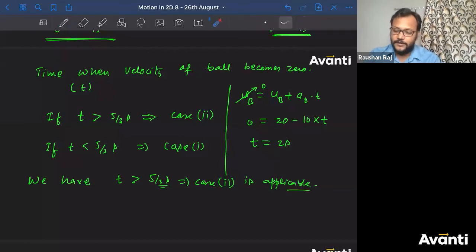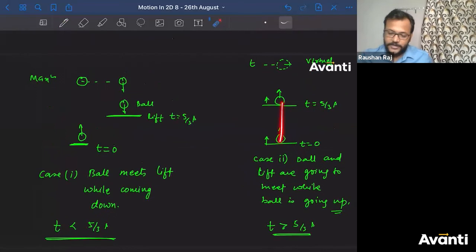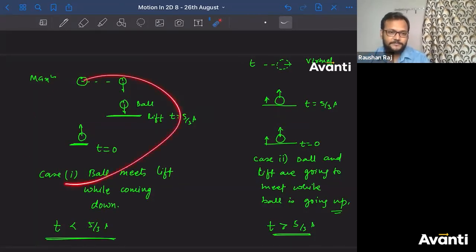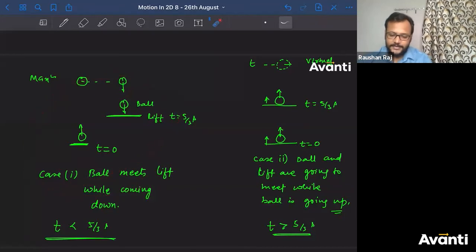Now tell me, what is the distance covered by the ball here? Can I say here distance is equal to the displacement? If case 1 would have been the answer, distance will not be equal to the displacement. Displacement is this one. This is the displacement of the ball. But what is the distance? Distance would have been this one plus this distance. But what about this case?